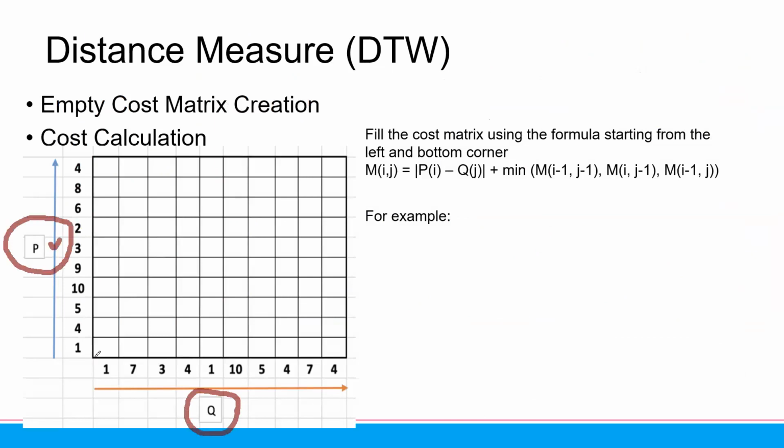The data on P is 1, 4, 5, 10, 9, 3, 2, 6, 8, and 4. The data on Q is 1, 7, 3, 4, 1, 5, 10, 5, 4, 7, and 4. After we create this empty cost matrix, we can do the cost calculation.